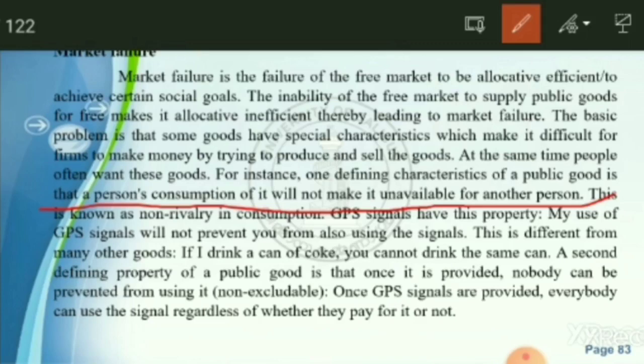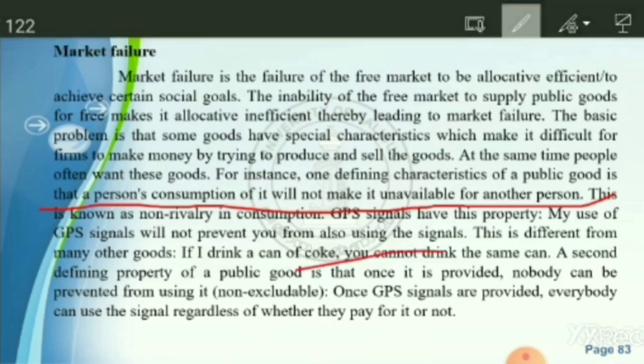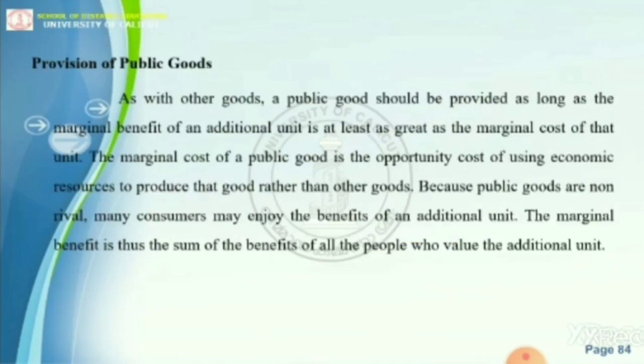A second defining property of a public good is that when it is provided, nobody can be prevented from using it. That is non-excludable. Once GPS signals are provided, everybody can use the signal regardless of whether they pay for it or not. Provision of public goods: as with other goods, a public good should be provided as long as the marginal benefit of an additional unit is at least as great as the marginal cost of that unit.